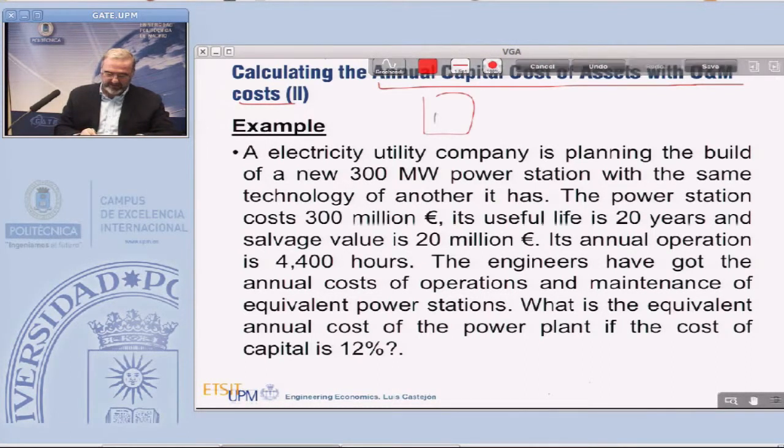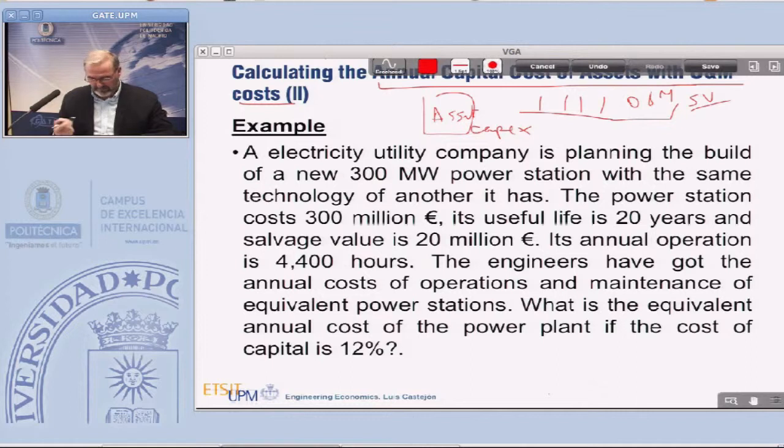So we have an asset with a capex. It will generate future operation and maintenance costs. Also, it will have a future salvage value. We can sell this asset. And then we want to know the equivalent annual cost of using this asset. For example, what is a useful case for engineers?